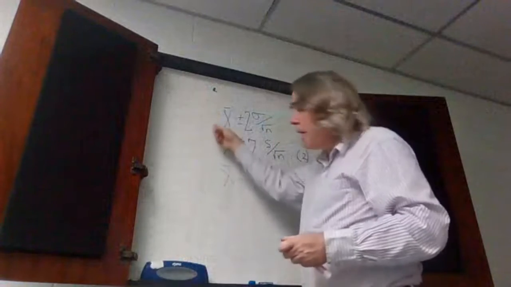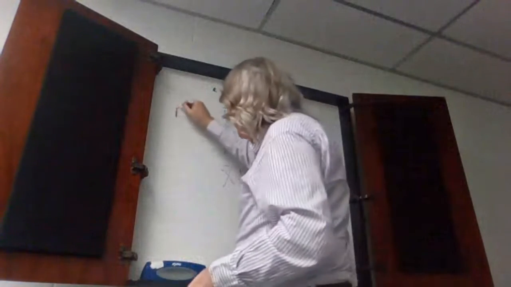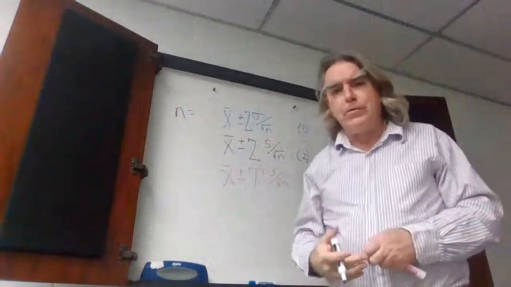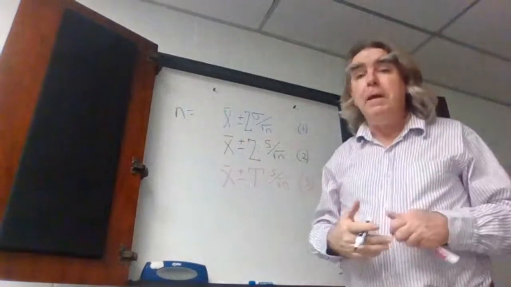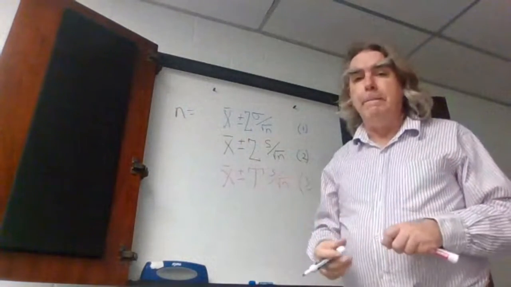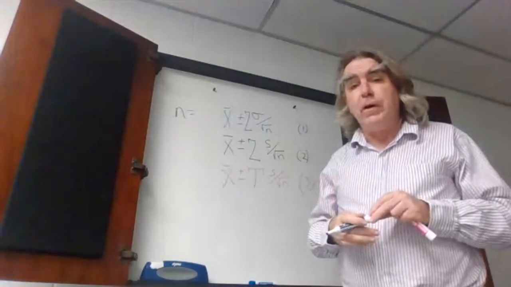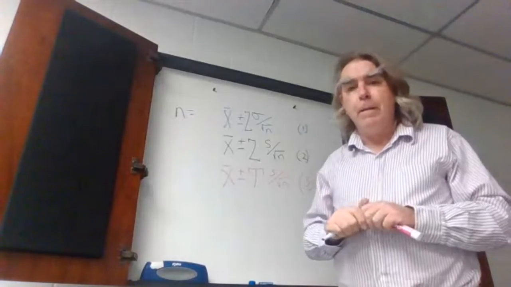We have to take a sample. And our sample will have a certain number of observations. If I take a sample of 49 eggs, n is 49. When I take a sample of 100 students on campus, n is 100.